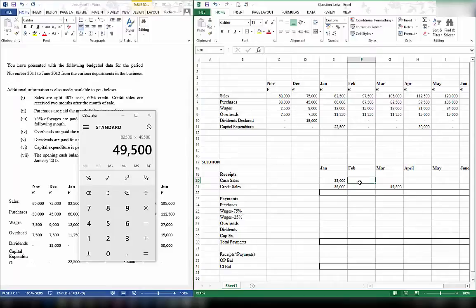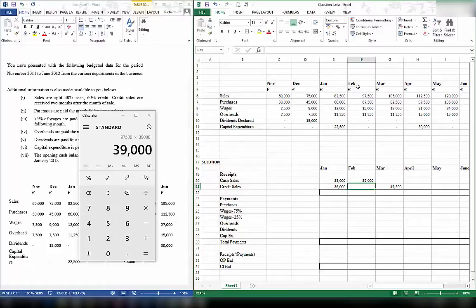So let's do the same for February. In February we had sales of 97,500. Of those sales, 40% were cash, which means that our cash sales in February were 39,000. And our credit sales then are from 2 months previous, so it's going to be from December.